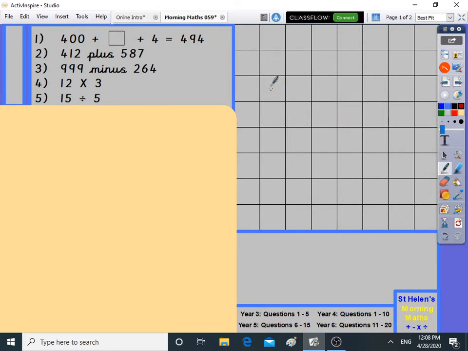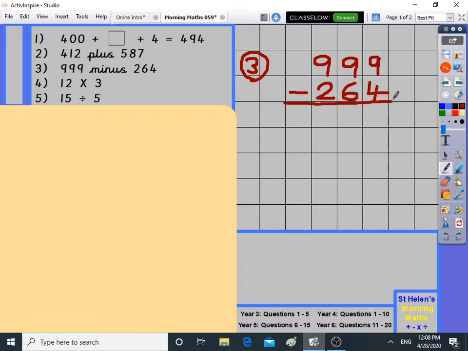Let's move on to question 3. This is 999 minus 264. Pause if you need time to copy down the question, because it's quite fast to write with the mouse. And I know you're trying to be neat, hopefully, with your pencil. You might need a bit more time.